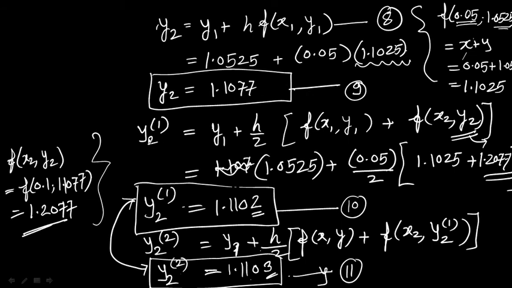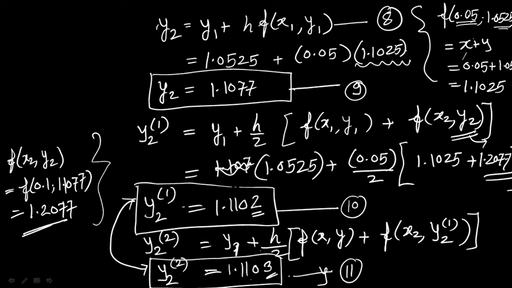Then we get 1.1077. Now we find y2(1) by substituting the values, and here we have to find f(x2, y2), whose value is 1.2077. Substituting here, we get 1.1102. This is equation number 10.